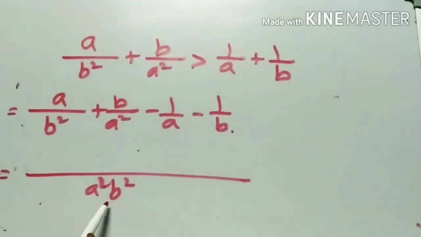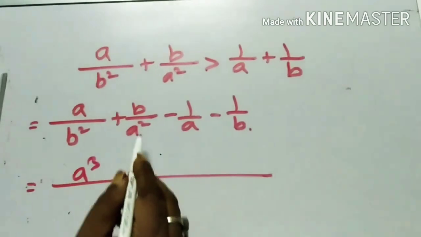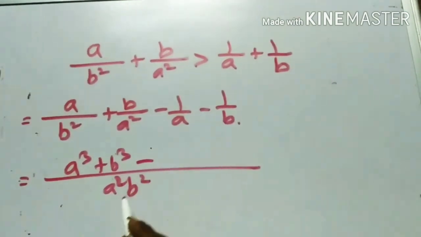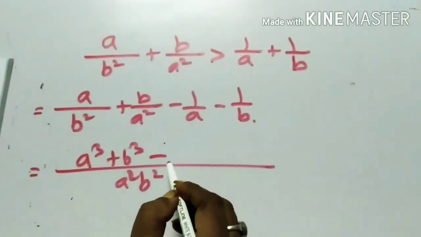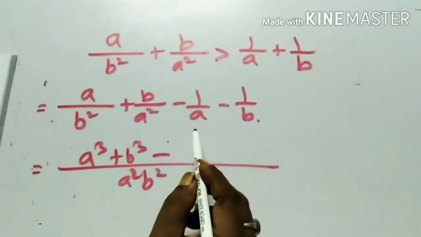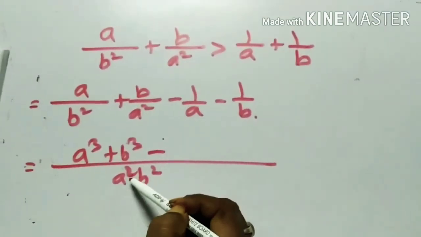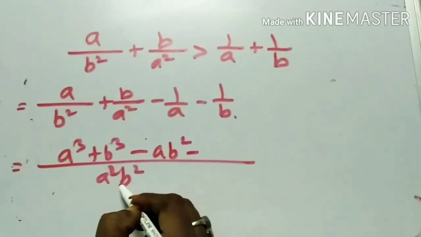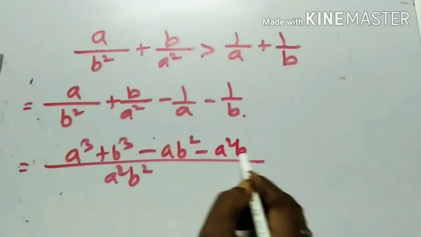So here b square cancels out: a cube. Similarly this will be b cube, minus, here a cancels out, that will be a b square. 1b cancels out, this will be a square b.